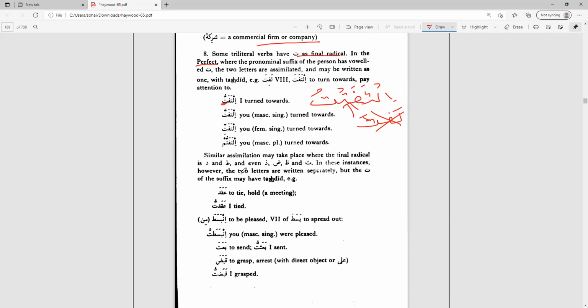Okay, so similar assimilation takes place where the root letter is dal and ta, and even if it's zal, dal. This is more tajweed really, because the shaddas and stuff like that you normally do in tajweed. So here you're just learning pronunciations and how it was written.